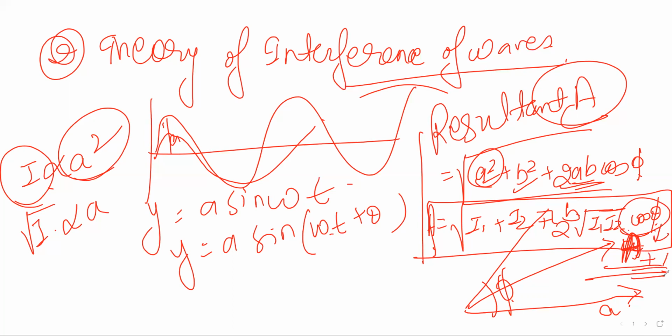Positive 1. That is the maximum. Okay. So that will be written as I max is directly proportional to A plus B whole square.